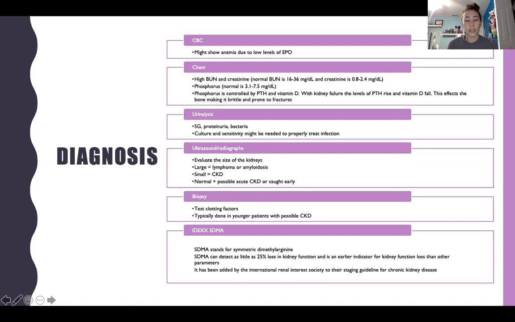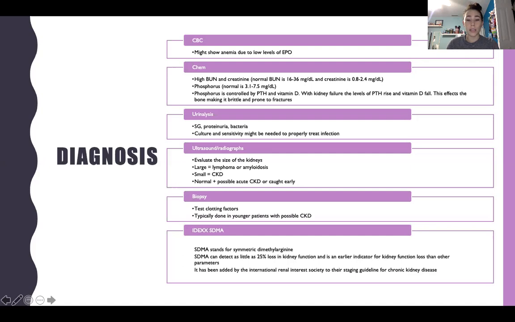A biopsy is typically done in young patients with large kidneys, and it's very, very important that you test clotting factors prior to doing a biopsy on the kidneys, since the organs are very highly vascularized, and if they can't clot properly, then the patient will lose a lot of blood, and that's just not good. So before doing a biopsy, test clotting factors.